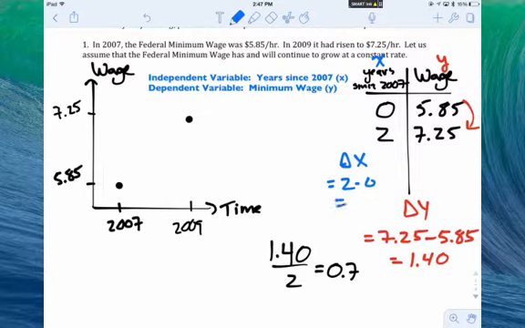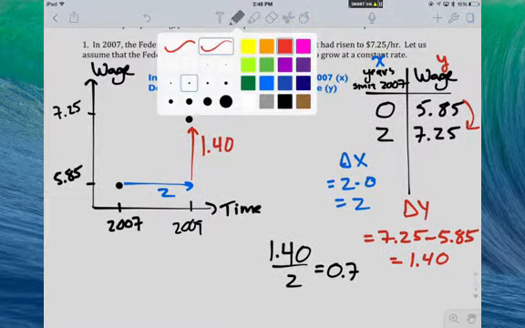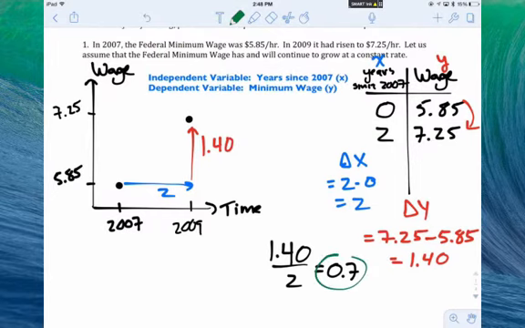Of course, that was 2 years. Okay, and of course, this also represents this $1.40 divided by 2. That also represents, well, for a 2-year increase in time, there was a $1.40 increase in the minimum wage, which meant that for a 1-year increase in time, the minimum wage went up 70 cents.